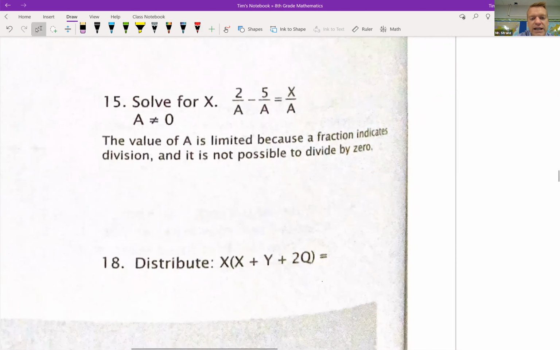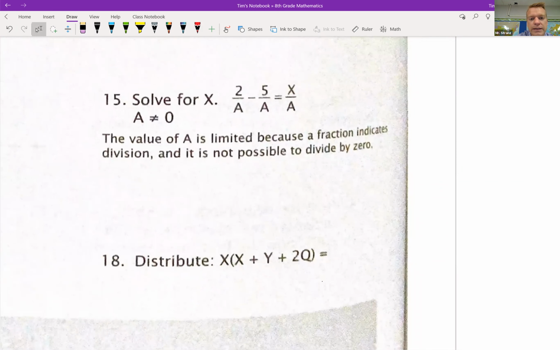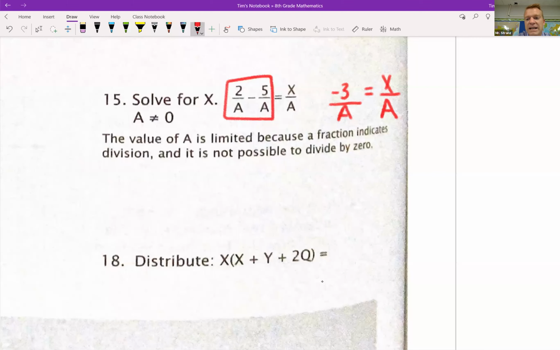Okay. First thing I need to do is put these together because they are like terms. You got 2 over a minus 5 over a, which is negative 3 over a. And that is going to be x, and that equals x over a. Okay. I need to get rid of this a. How am I going to do that?